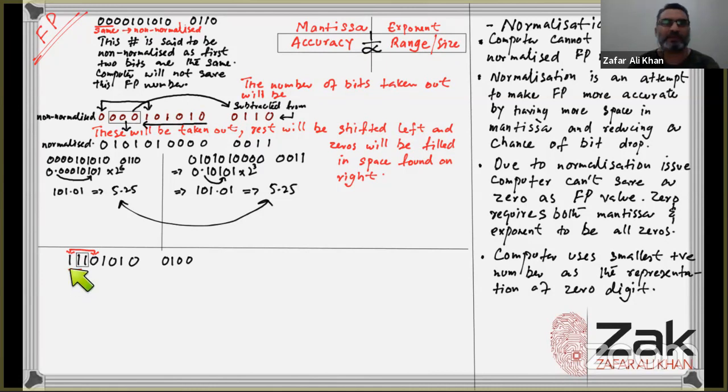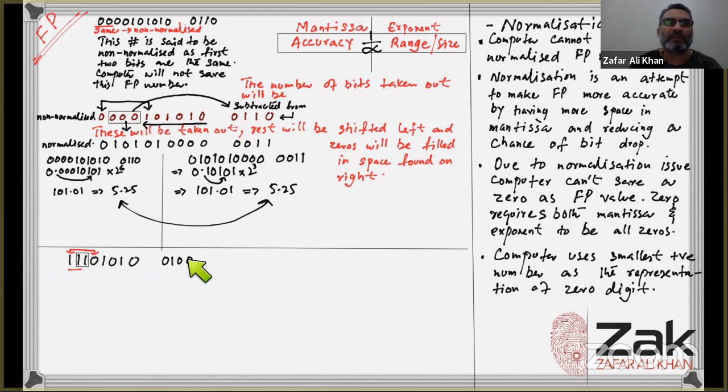So we marked the first one and the different bit zero so that we could see how many bits need to be dropped. So this is 1110. We marked the first one and the zero, and in between there are two bits which are actually redundant, and we need to remove them in order to make this number normalized. So we will remove them. This would become 101010, and then we will put two zeros over here because these 5 bits will be shifted towards the left.